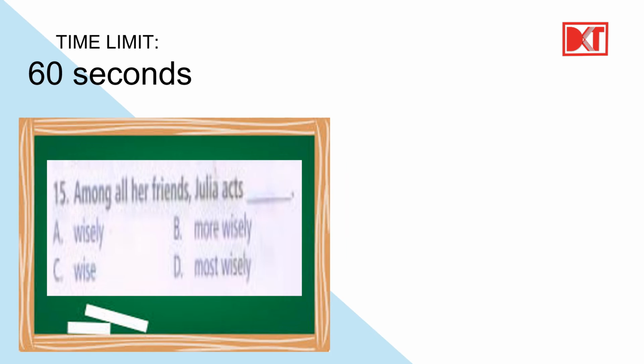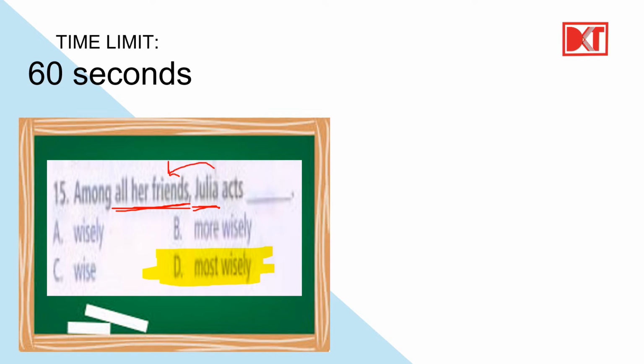Okay, so here, among all her friends, Julia acts A, wisely, B, more wisely, C, wise, or D, most wisely. Here the answer is D, most wisely. Why most wisely? Because here you see we are comparing Julia with what? Among all her friends. So we are comparing Julia with all her friends.